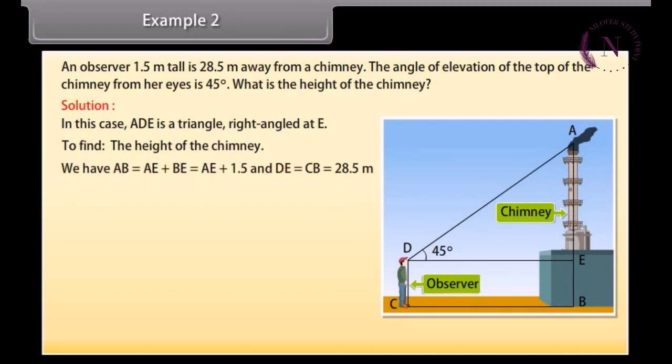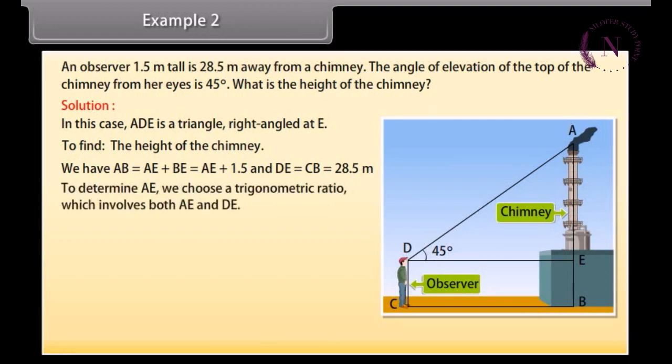We have AB equals AE plus BE equals AE plus 1.5 and DE equals CB equals 28.5 meter. To determine AE, we choose a trigonometric ratio which involves both AE and DE. Let us choose the tangent of the angle of elevation.